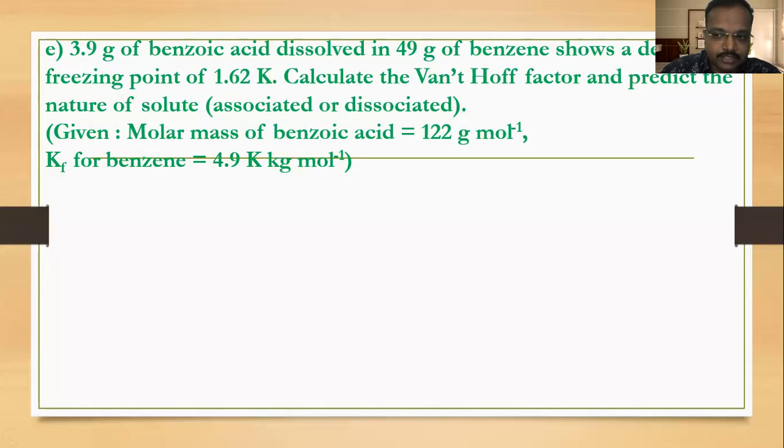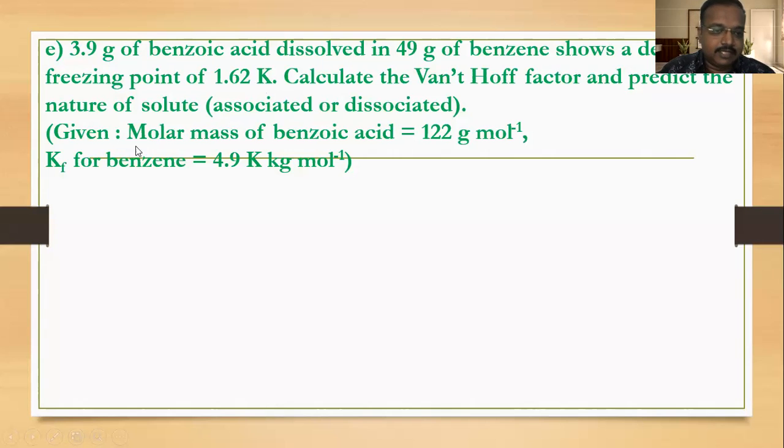Here I hope you understood which is solute and which is solvent. It shows a depression in freezing point of 1.62 Kelvin. Calculate the van't Hoff factor and predict the nature of solute, whether the solute undergoes association or dissociation.